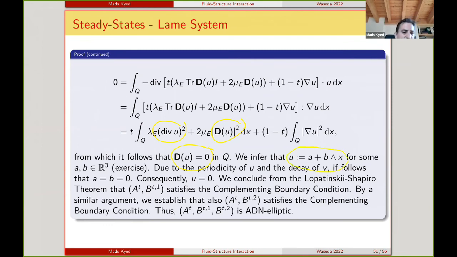It's a rigid motion, right? But due to the decay and the periodicity of u, it cannot be a non-trivial rigid motion, and so u is 0. So let's just leave it at that. That's the idea behind the argument.